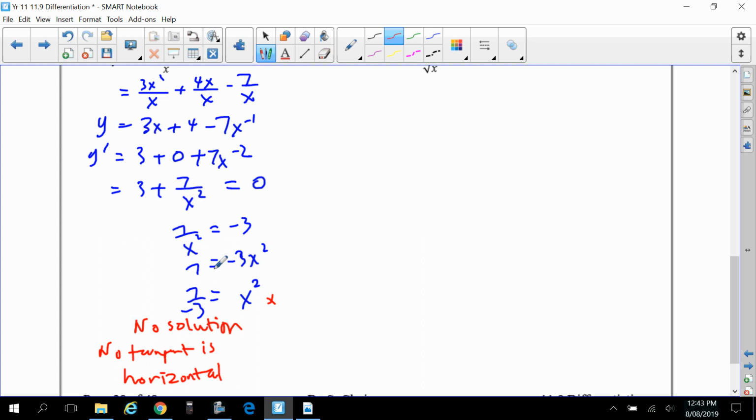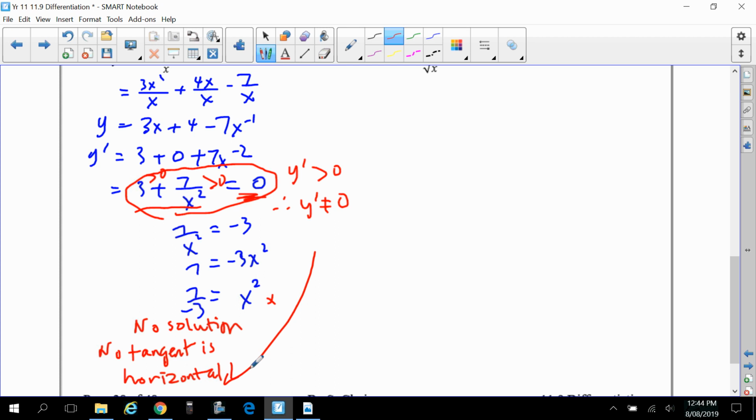All right, try the next one. Next one you will get an answer, but this one you won't. That was deliberate. So you know that not necessarily every question has an answer. You could have no answers. And note also that this one, when you see that, that's positive, it can't be 0, right? So you can already deduce from here that the derivative is always positive, therefore that can't be 0, which means you can deduce that straight away.